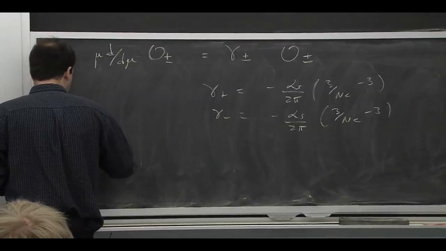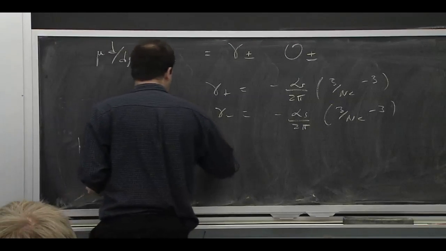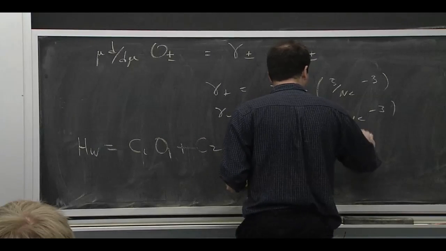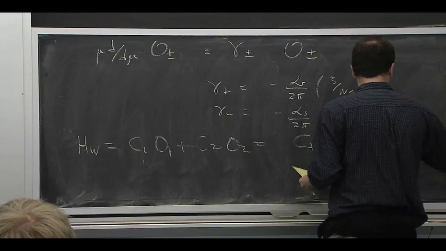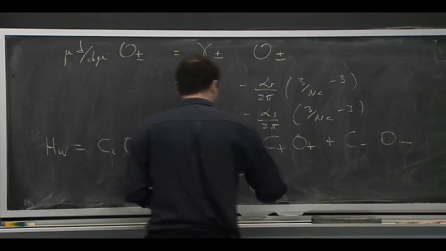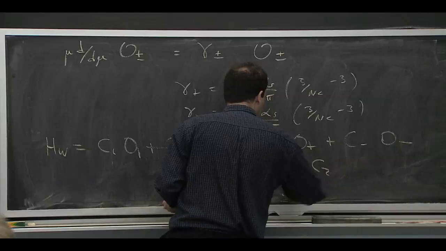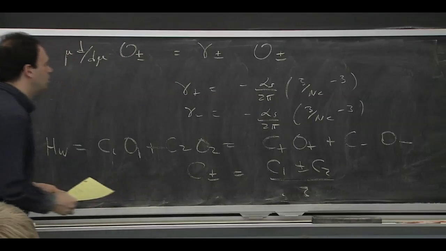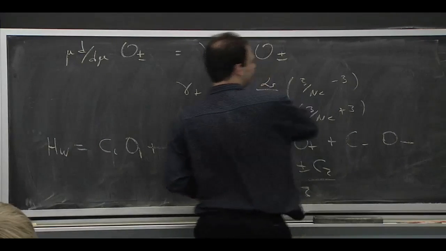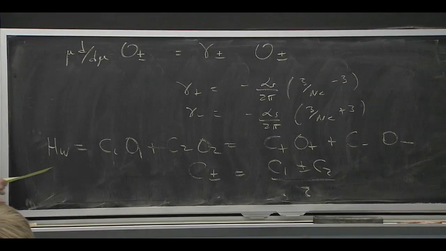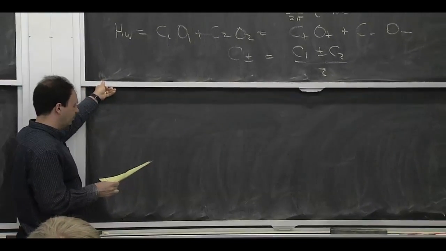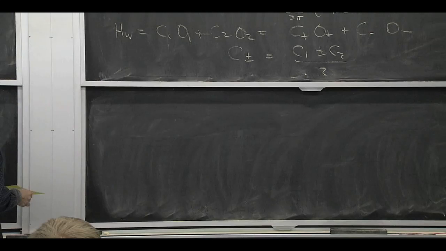And if I write my Hamiltonian, I could write it in the original basis. And if I switch to the other basis, I'll set up my conventions so that it's simple. And that means I picked C plus or minus to be C1 plus or minus C2 over 2. Oops, thank you. Yeah, they have the opposite sign. First one's positive. Second one's negative.